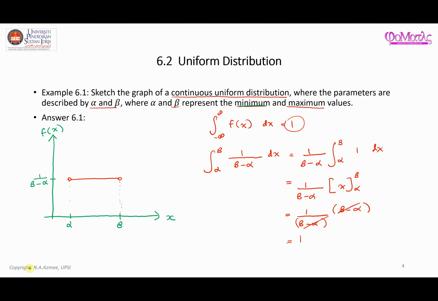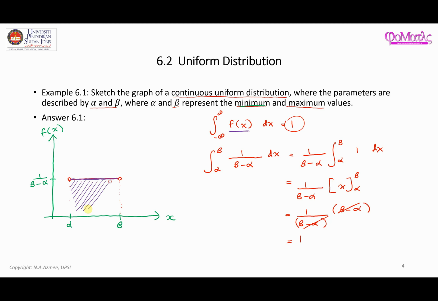Now, another way of viewing this result: we have all learned in calculus that when you integrate a function, here just a constant, 1 over beta minus alpha, you get the area under the curve.